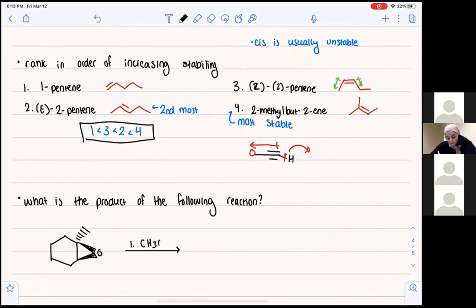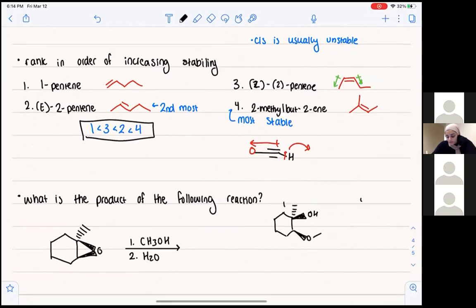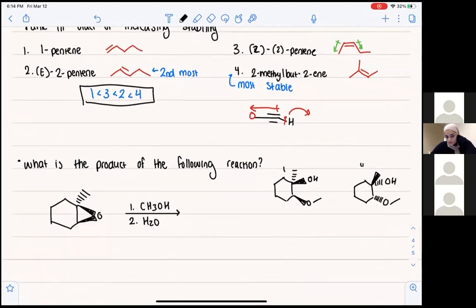We have CH3OH, H2O, and then our options are this: OH, oxygen with a methyl, that's 1. 2 is this, oxygen like that, oxygen with a methyl like that. 3, oxygen with a methyl like that, OH, OH over here.